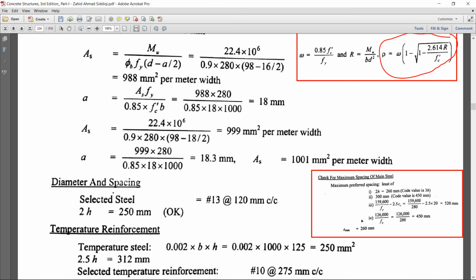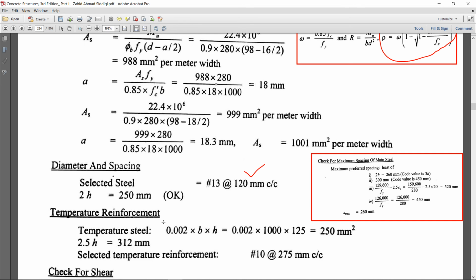When the slab is 130 millimeter, and in this example our slab is 125 millimeter, so when you multiply with 2H, you will get 250 millimeter. So our provided spacing is less than the maximum spacing, so it is okay. So that is the main steel.